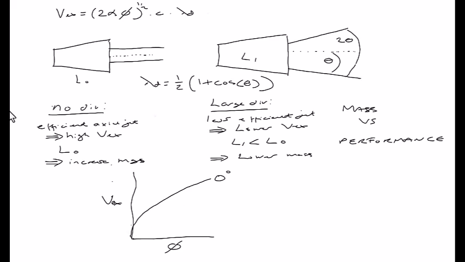If we were to go to 15 degrees divergence, it sort of looks like this, and then for a very large divergence of say 30 degrees, it might be here. So we can see that a perfectly collimated jet has no divergence and is what we call an ideal rocket. And in this scenario, lambda d is equal to 1.